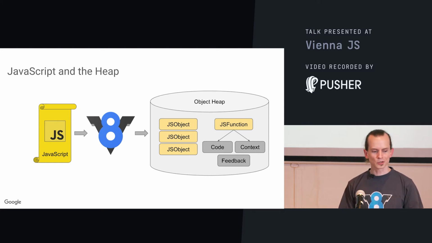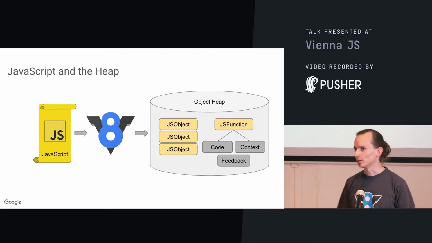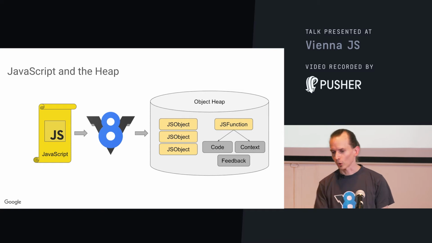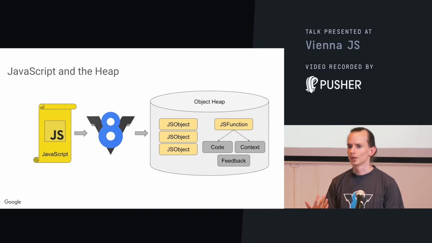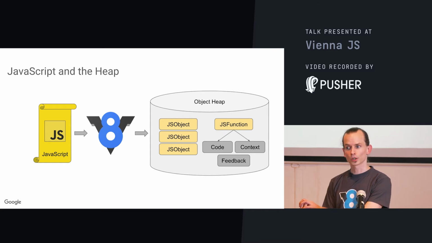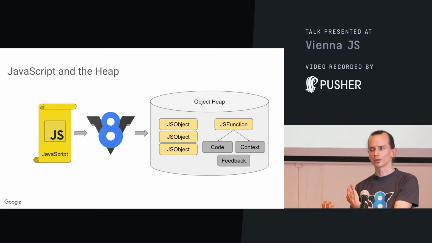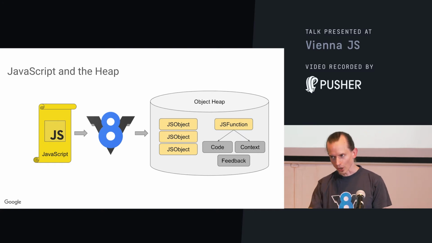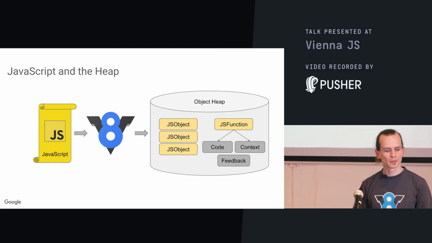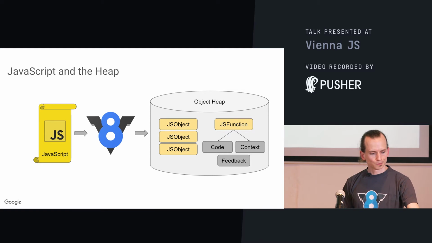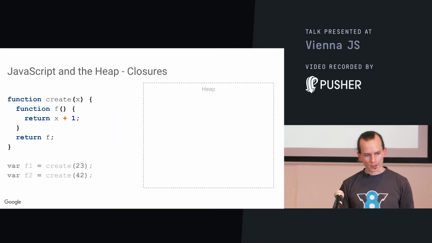And the interesting part is even the code that we generate, the machine code, is inside this heap. So that means the garbage collector can also throw away machine code if it's no longer used. So if you have functions that get optimized and then all of a sudden you no longer use them, the code gets also collected eventually, if the function itself dies that holds on to it.